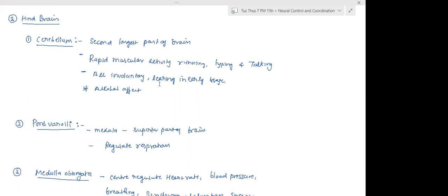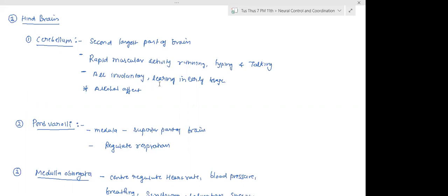And one more thing: you must have seen that people who take alcohol cannot walk or talk properly, because alcohol affects the cerebellum.